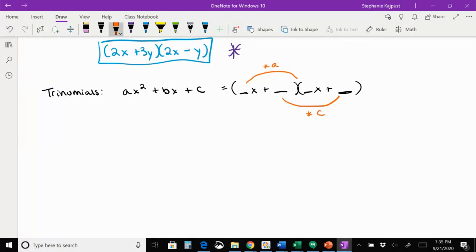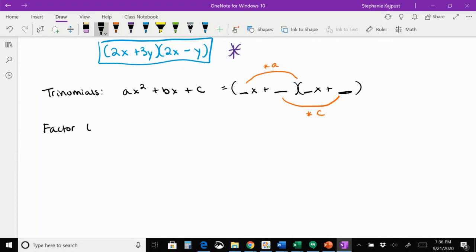If there's not a lot of ways to multiply to a or to multiply to c, it goes pretty quickly. Now, the AC method still has some guessing and checking, but there's less of it and it's easier. So it's more steps to write out, but you don't have to think so hard and go through every different possible combination.